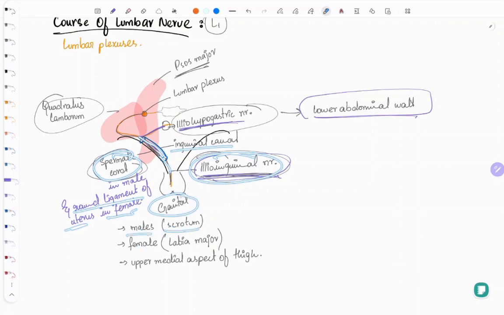In males, it supplies the scrotum. In females, it supplies the labia majora, and it also supplies the upper medial aspect of the thigh.